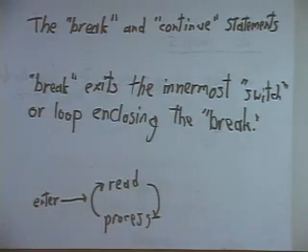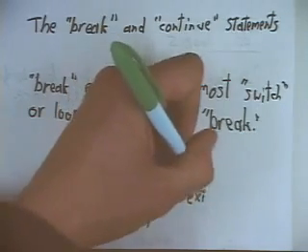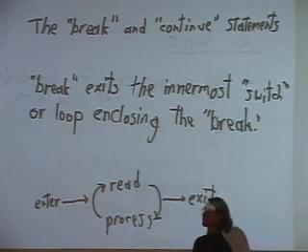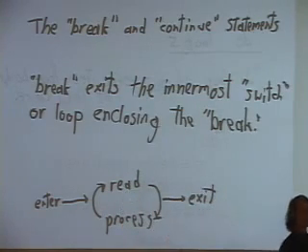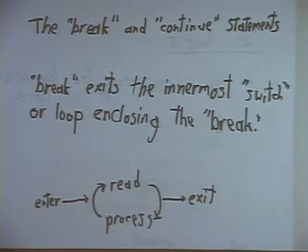But the natural exit point is that if we read the user saying, I want to stop, then that's where we want to exit. So we've got a loop. We want to enter and exit from different points in the cycle. And so that makes it very unclear where we should start the text for the loop and where we should end it. Well, one solution is to use a break statement to exit out of the middle of the loop body instead of waiting for the end.